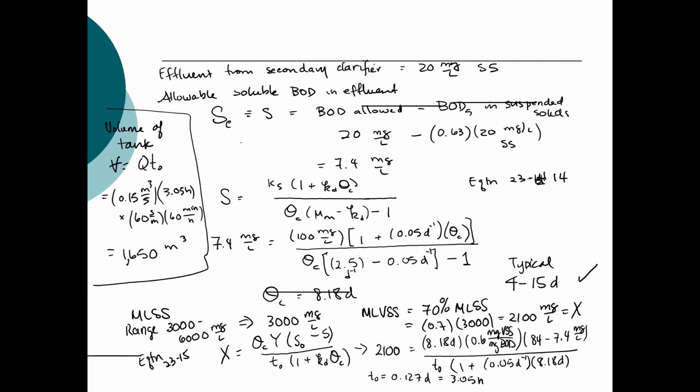So in order to solve this problem, finding the volume of the tank, we have to go through the steps using equation 23-14, 23-15, and then our definition of the hydraulic residence time.